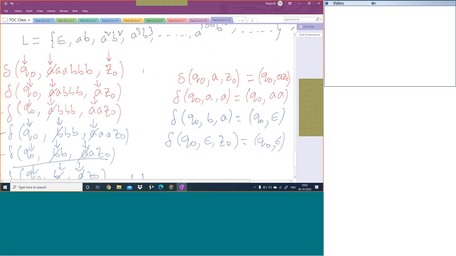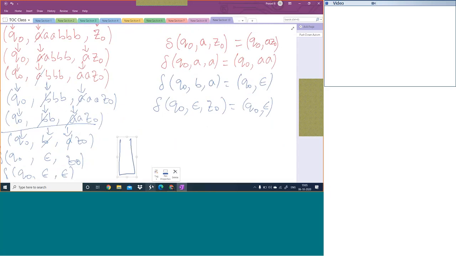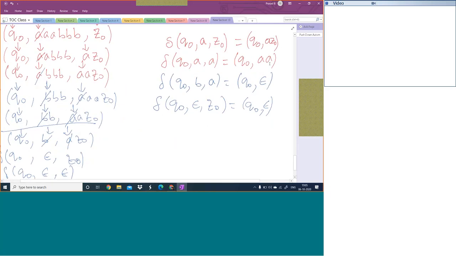Here, this is for the initial A. We have pushed the first A, and after that, this is to push all the remaining A's, and this is for deleting the A for the first B. Sorry, I repeat. This is the move for deleting the A's for all B's, and finally, this is the acceptance condition.